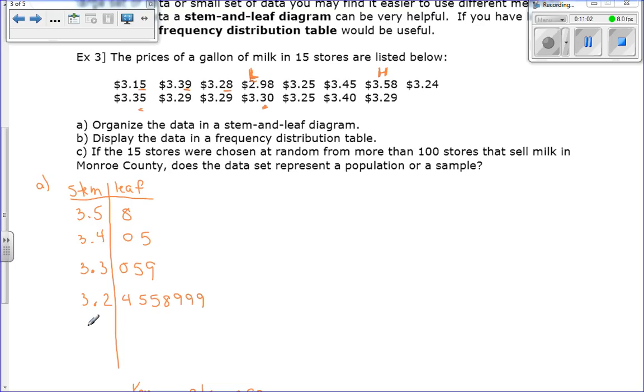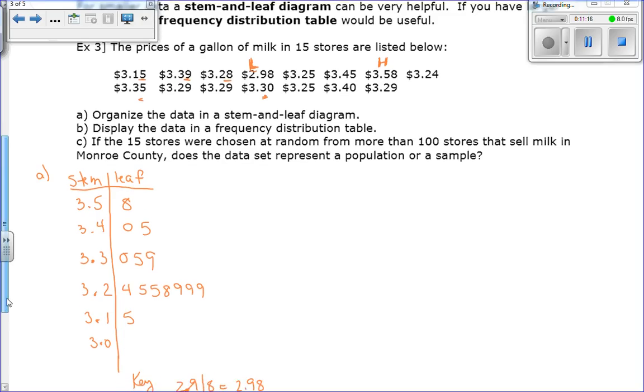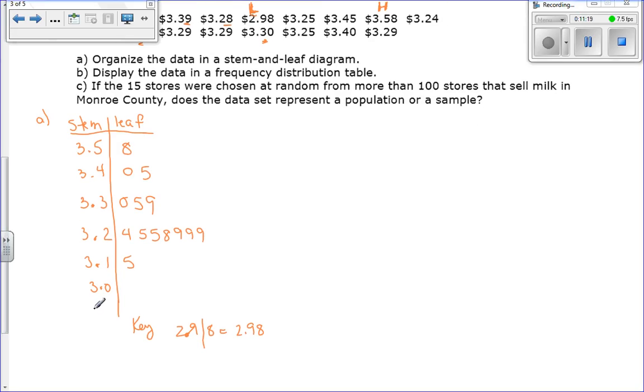Then we need to look in the $3.10 range, and the only thing I have is $3.15. Then I look in the $3.00 range, and I actually have nothing there, so I leave it blank. I don't put a 0 because that would be if I had $3 a gallon. And then my very bottom one is the 298. This is just a stem-leaf diagram. It represents the data, one way of looking at it.